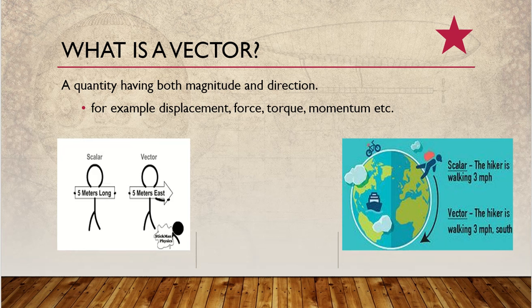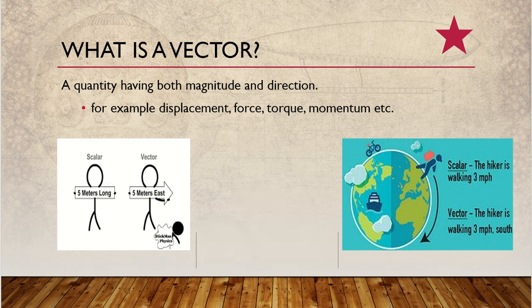So you can see in the image, in the first image, you are reading a nameplate as 5 meters long, which is a scalar. 5 is the magnitude, meter is the unit of the measurement. On the other hand, the vector is having a nameplate as 5 meters towards east. Here, the vector is having a magnitude of 5, a unit known as meter, and also a particular direction as east.